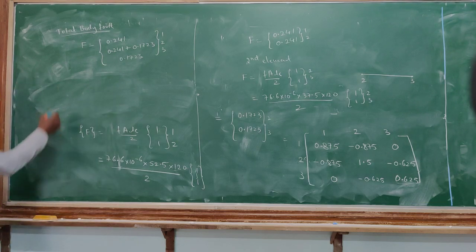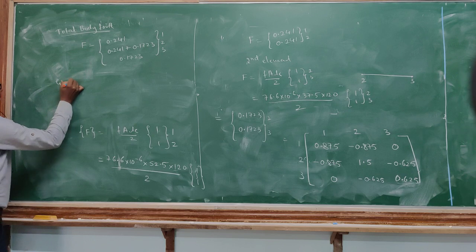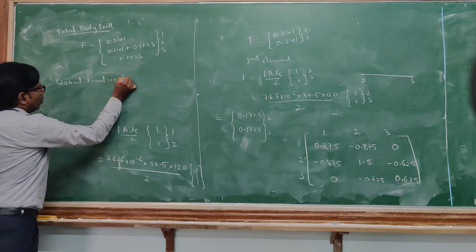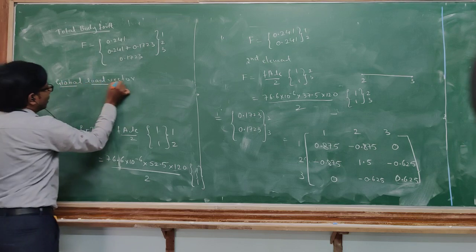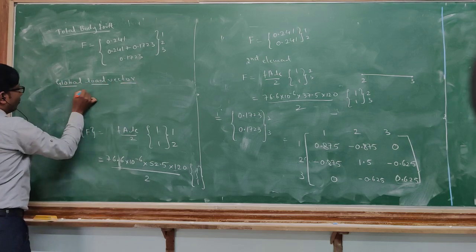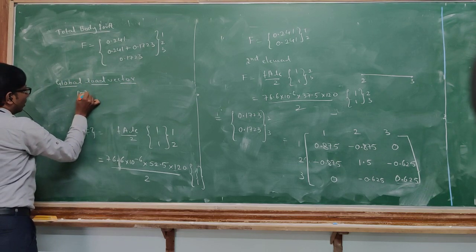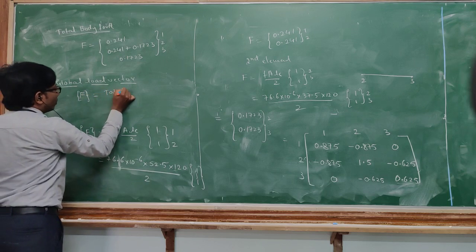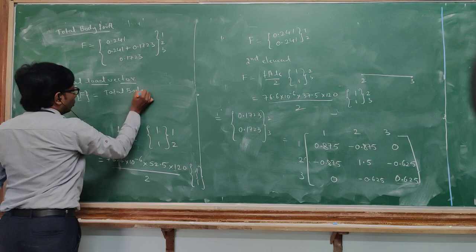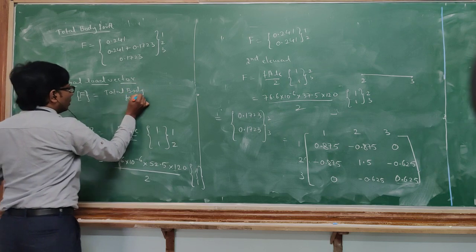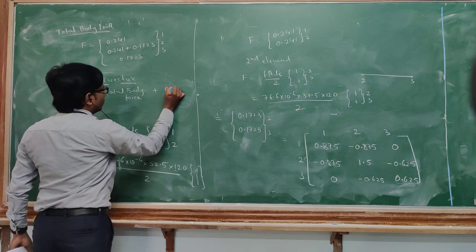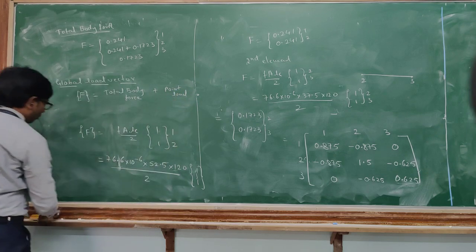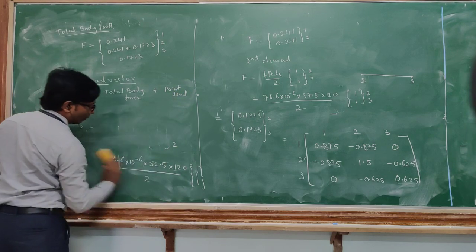The global load vector F is the total body force plus the point load.